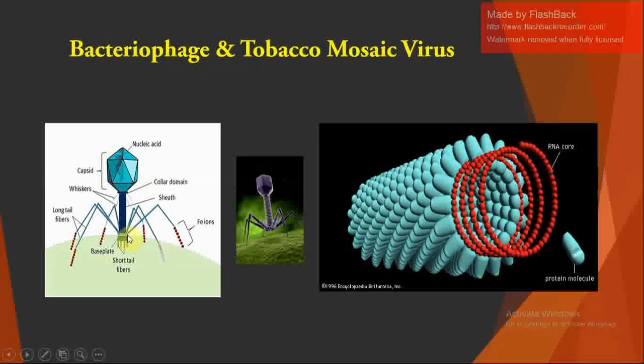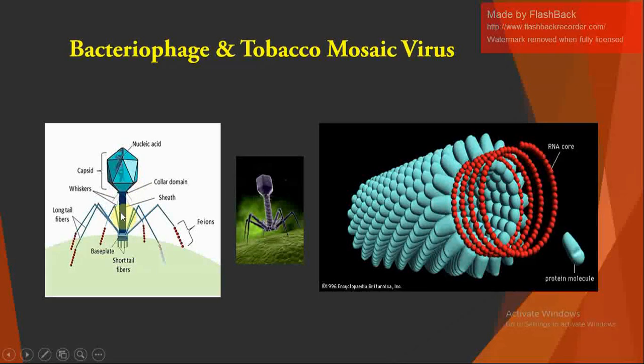We can see here these viruses, that is bacteriophage, consist of the nucleic acid within the blue colored protein coat. Okay, outwardly it consists of a protein coat and inwardly it has genetic material known as DNA. Okay, so it has collar, sheath, whiskers, capsid protein, iron ions and long tail fibers, and it has a base plate and short tail fibers also.